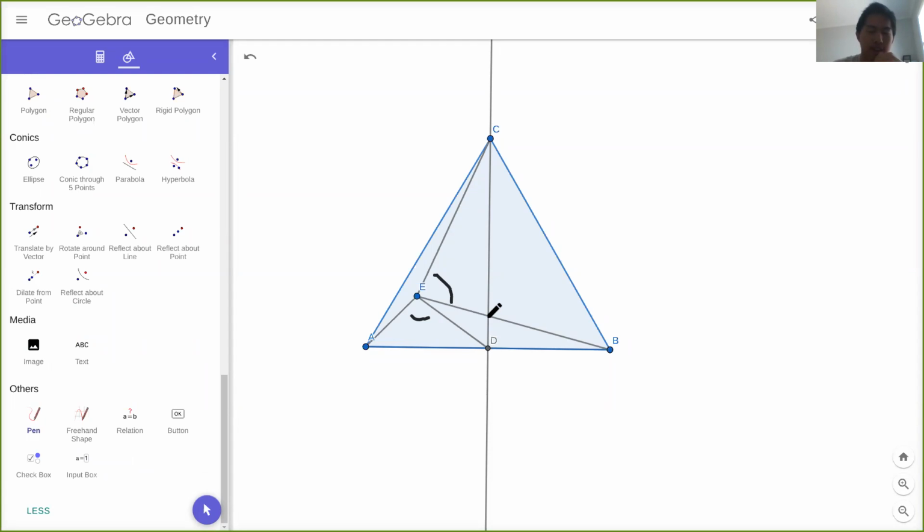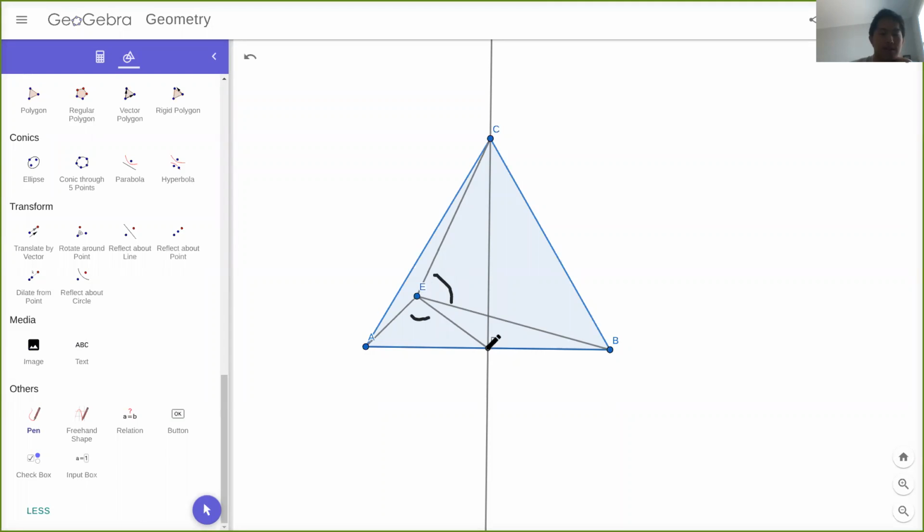One thing we can think of is, how do we define AED? How do we define BEC? They seem like very angles that don't have to do with anything else.